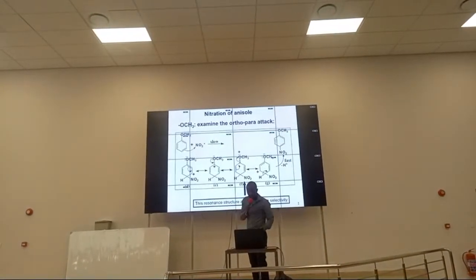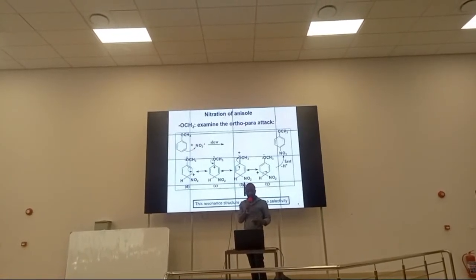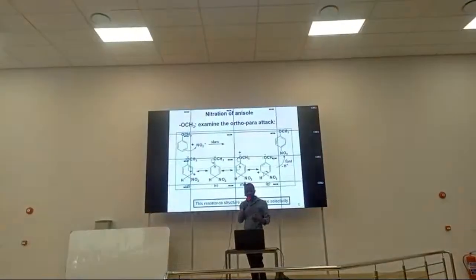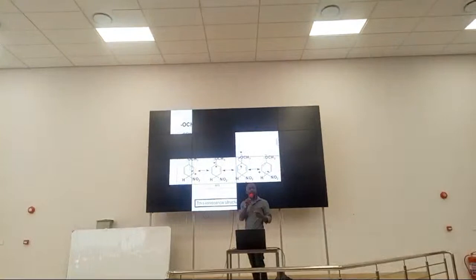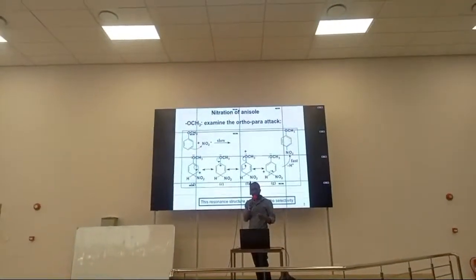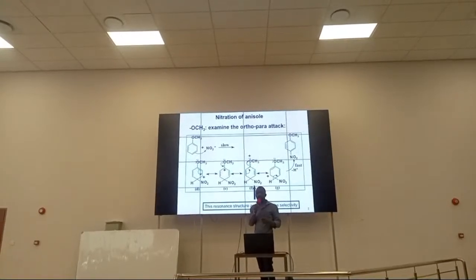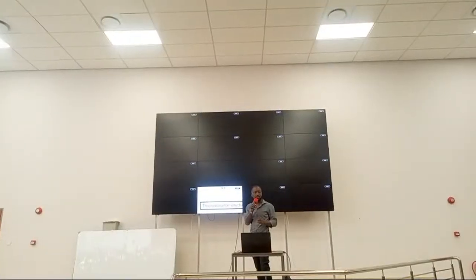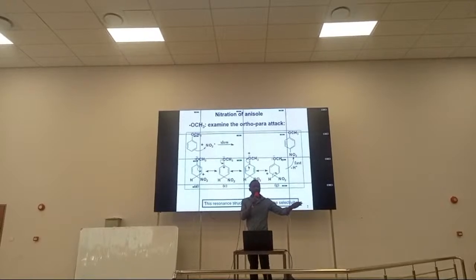In the case of para attack, we have this positive charge distributed on 3 carbon atoms, but we have an extra resonance structure where the positive charge is also sitting on the oxygen atom. So it means that the oxygen atom bears a certain amount of this positive charge as well. Now, this is a more stable set of resonance structures because there are many.